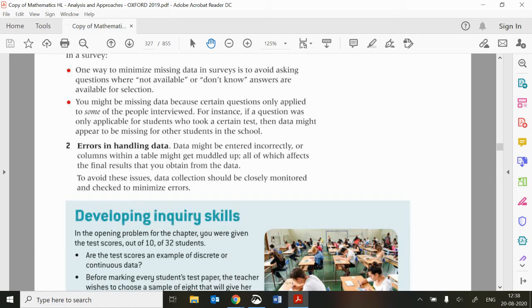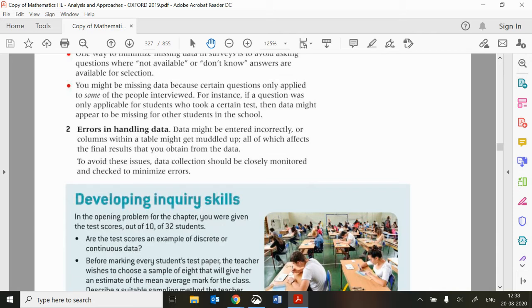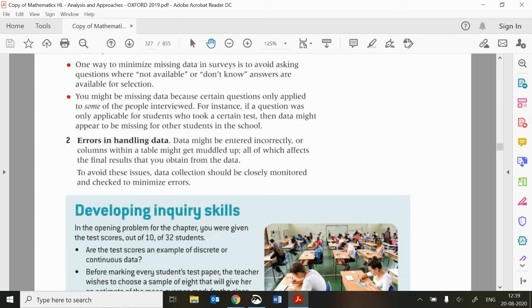But maybe they're really talking here about data being entered incorrectly by the person putting it in, or just handling errors at some stage, or by the mathematician dealing with this. Columns in the table might get muddled up. That's a source of error. That's just a processing error by a human who is dealing with this situation at some stage from sample all the way through to processing the data.